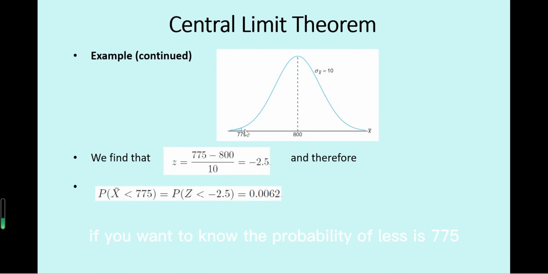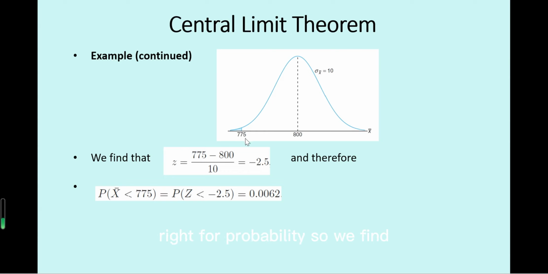We look at this figure. If you want to know the probability of less than 775, here is 800, the sampling distribution of x bar. The sampling distribution of x bar is centered at 800, approximately normal, with a standard deviation of 10. If you want to know the probability of the sample average being lower than 775, we just calculate the probability of this shaded area.